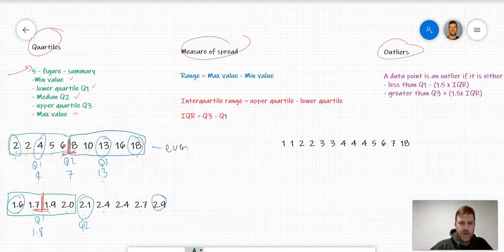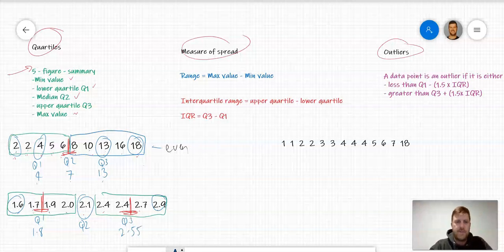Now, to work out my Q3, again, I'm looking at the top half, not including the median value. So I'm just looking at those top four numbers. And again, it's going to be halfway in between the second and third number. So halfway in between 2.4 and 2.7, my Q3 is 2.55.